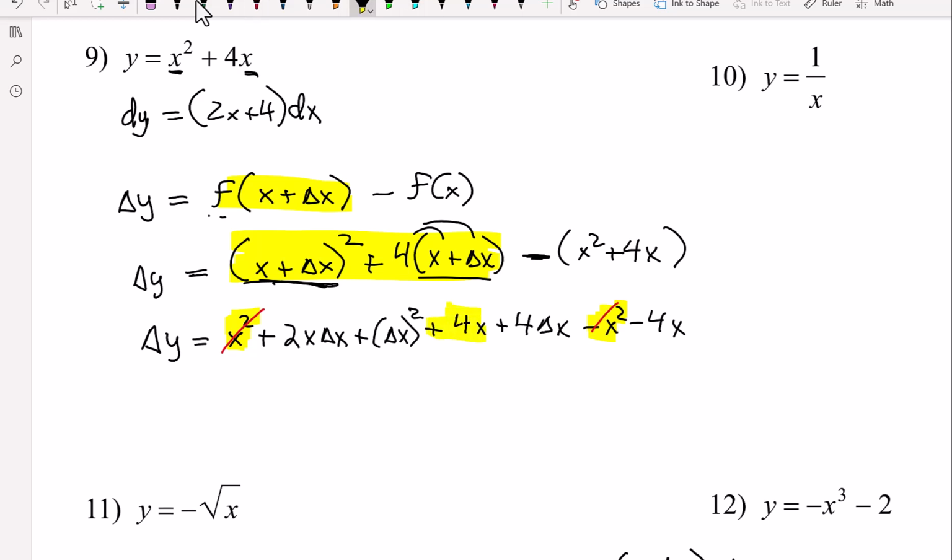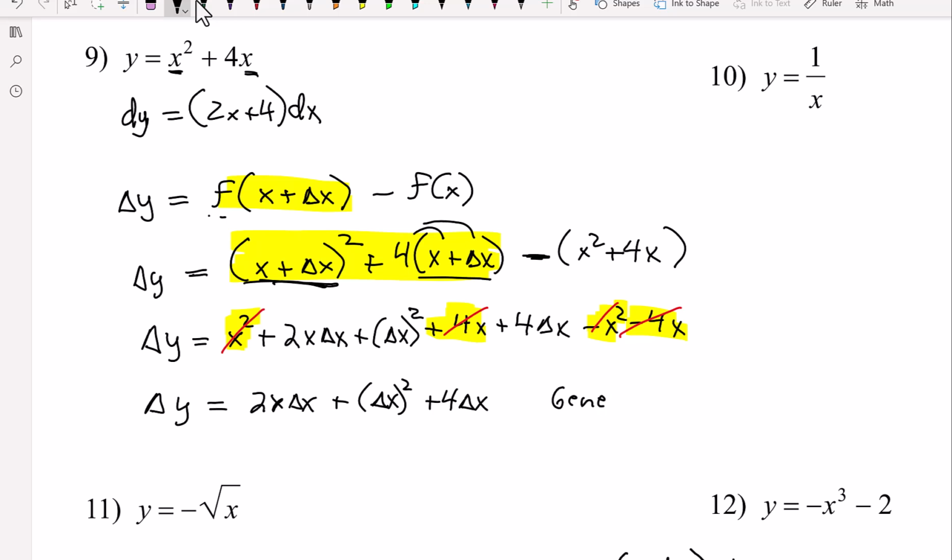Here's a positive 4x, here's a negative 4x. Those things cancel out. So our delta y is 2x delta x plus (delta x) squared plus 4 delta x. Okay, this is the general formula.